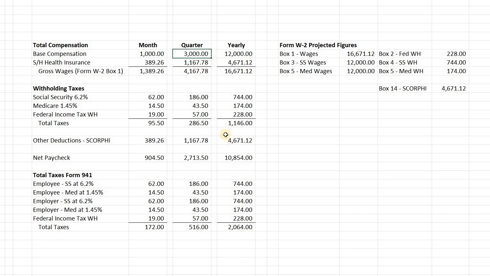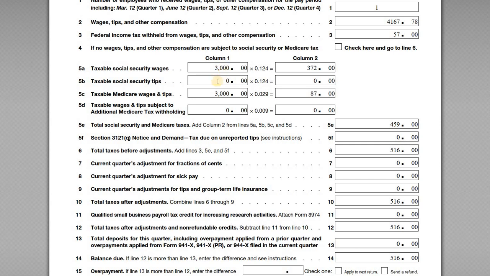It's just the base compensation there. So $3,000 for both taxable Social Security and taxable Medicare, and multiply by the 12.4%. So that's the 6.2% for both the employee and the employer. So we got 6.2%, so $372 in total Social Security tax.